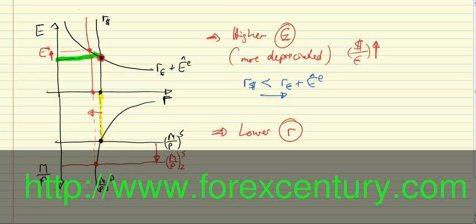And by buying euros for dollars, they reduce the price of dollars and increase the price of euros. So the exchange rate rises, and that ultimately leads to the new equilibrium where the new dollar rate is equal to the sum of the expected depreciation and the euro rate.